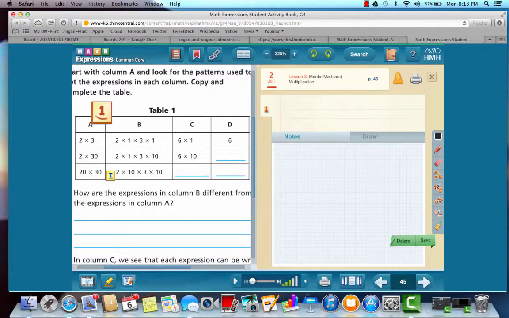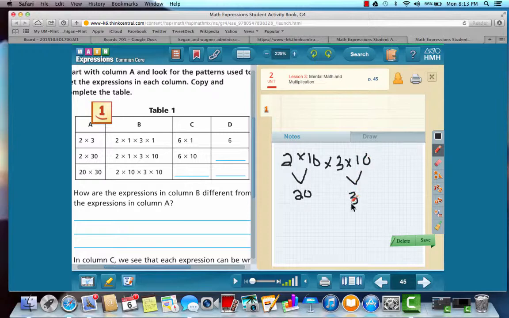And the last one shows you 20 times 30. So when you take 20 times 30, what they're doing again is multiplying 2 times 10, because that's actually what 20 is, right? That will equal 20, times 3 times 10, and that will actually equal 30.